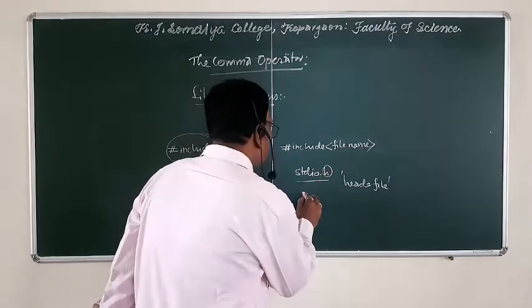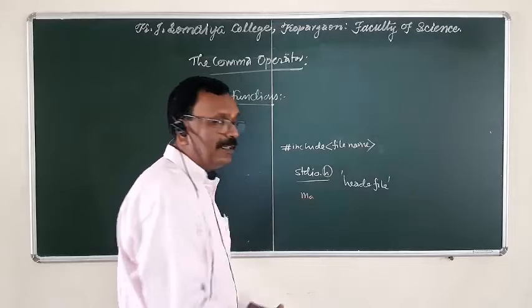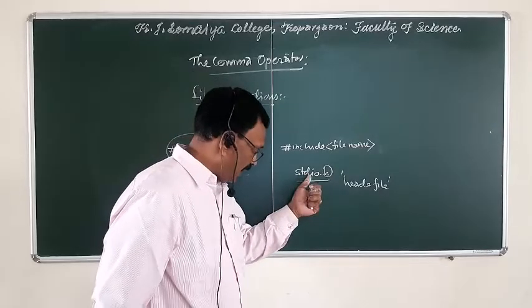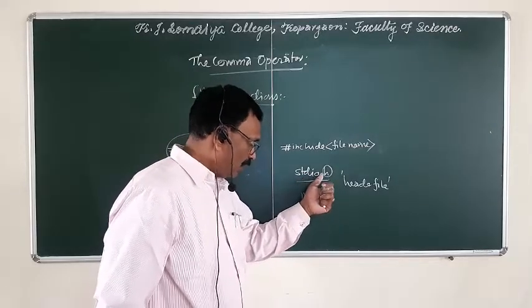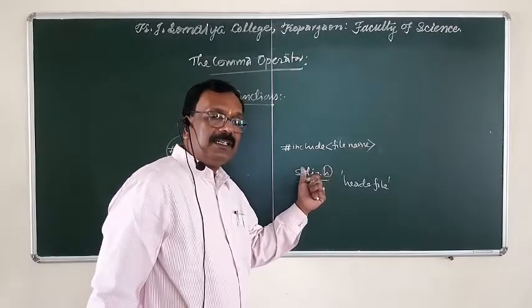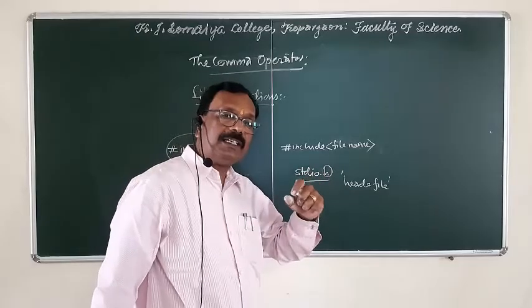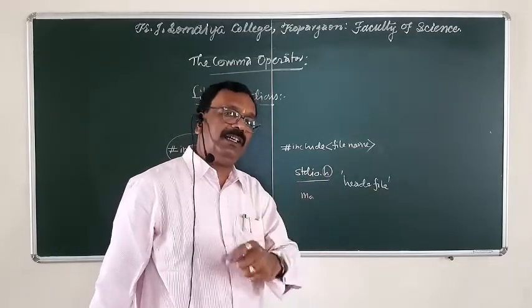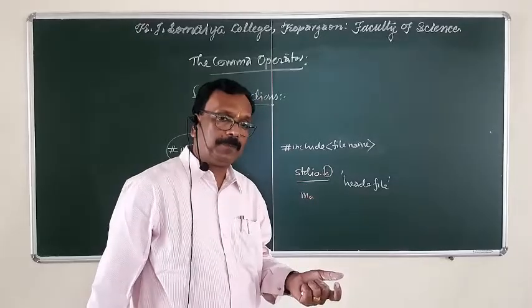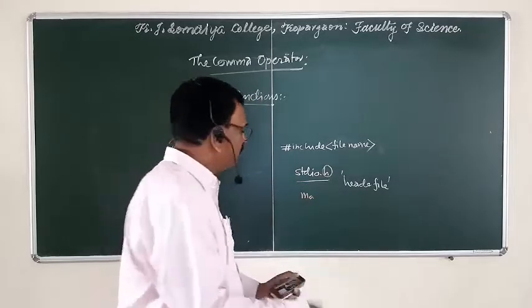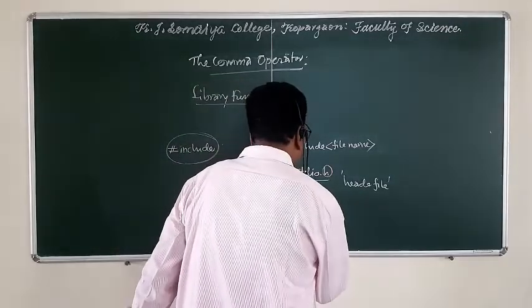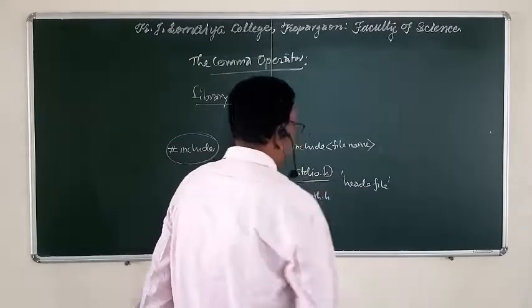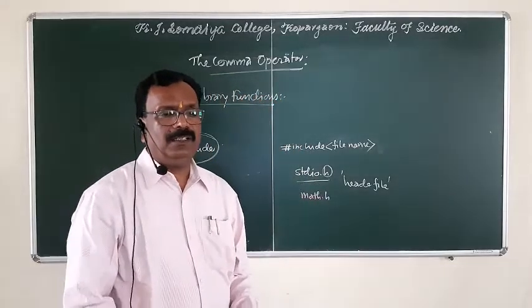stdio.h is the file regarding the information related to input and output, that is keyboard, monitor, printer, whatever it may be. And there is another file, math.h.